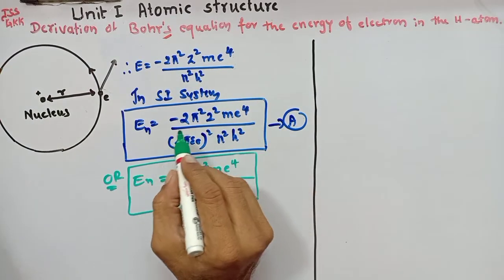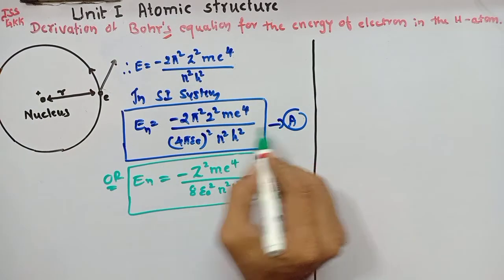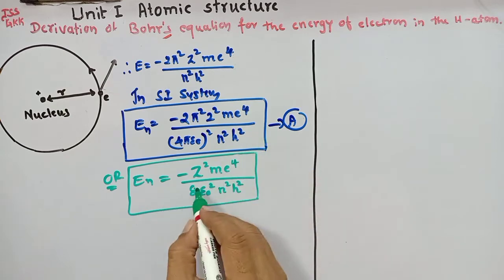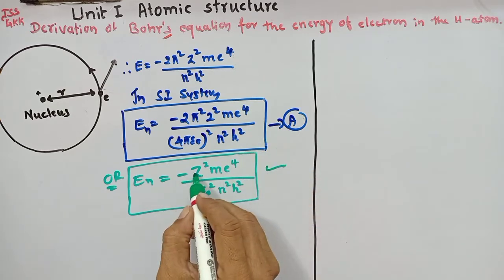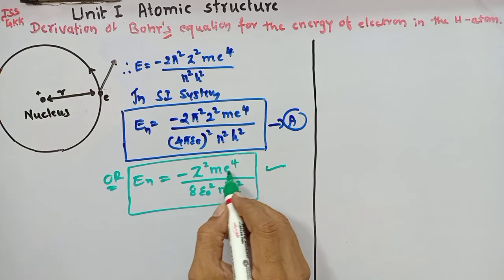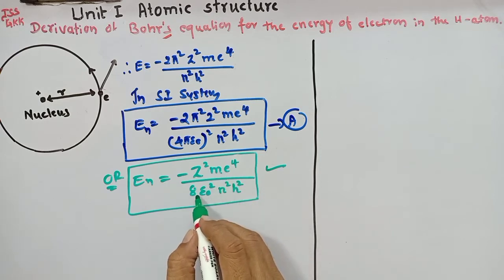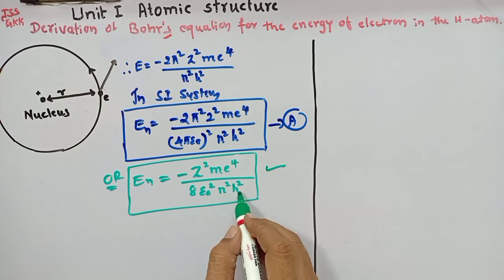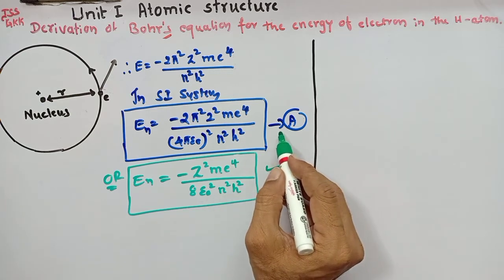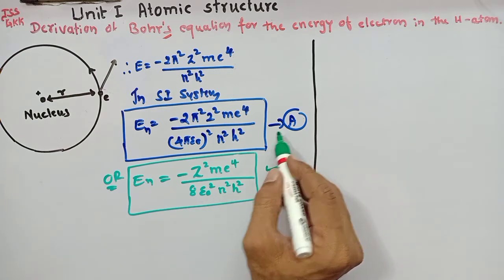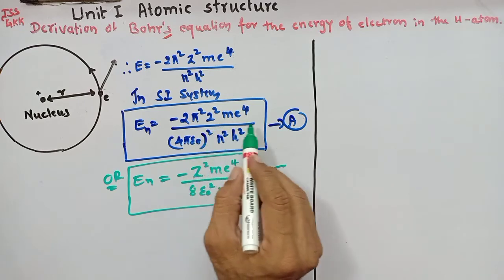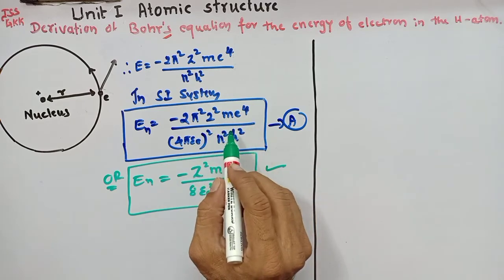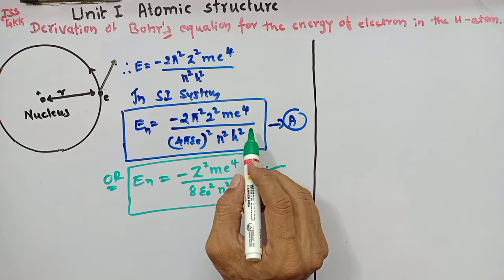This equation A can also be written in this form, that is minus Z square m e raised to 4 divided by 8 epsilon naught square n square h square. This is the famous Bohr's equation applicable to hydrogen and hydrogen-like ions such as He plus, Li plus 2, etc.